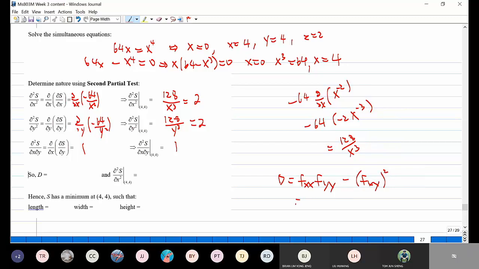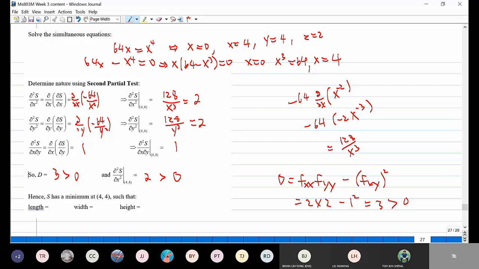So this is 2 times 2 minus 1 squared, which is 3, greater than 0. And the second partial with respect to x is 2, again greater than 0. So confirmed, this is the minimal surface.